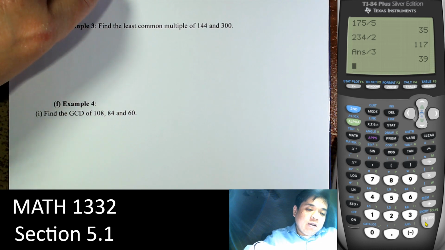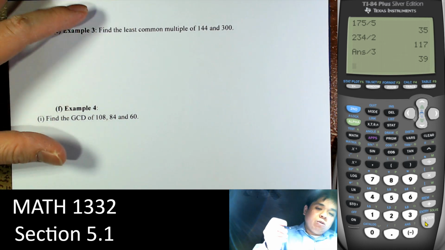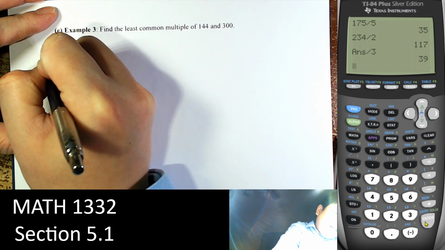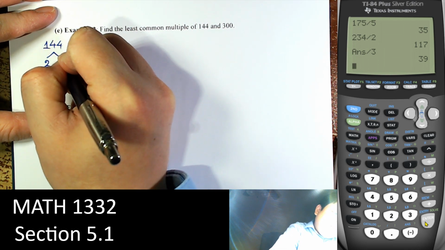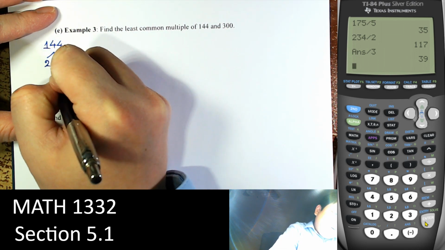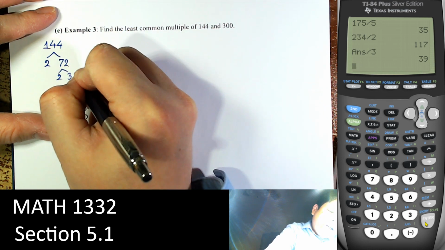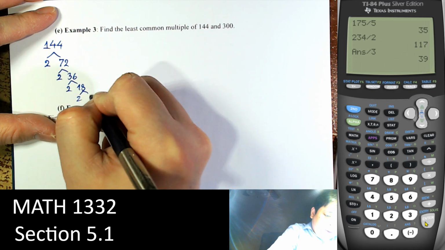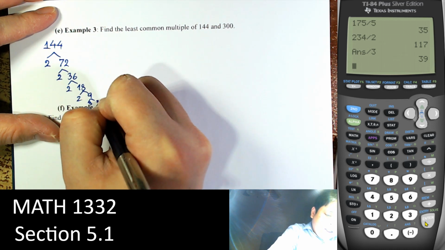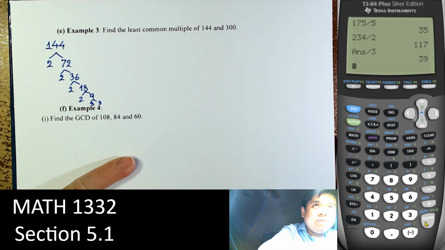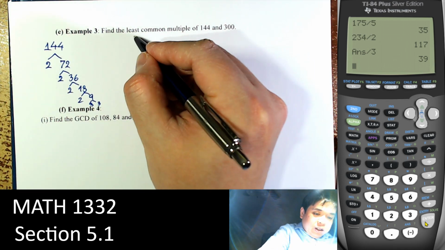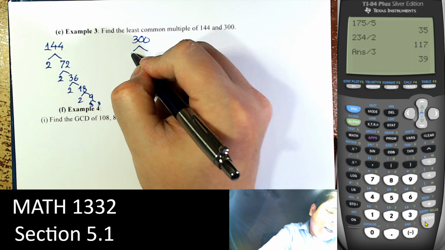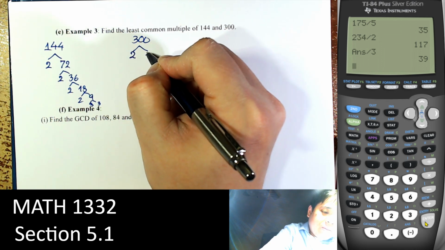Right. Find the least common multiple of 144 and 300. 144, sorry, is 2 and 72, 2 and 36, 2 and 18, 2 and 9, 9 is 3 and 3. Right, so that's 144. Now 300. It's easy to say that is 3 times 100, but I advise to go with the smallest number possible.